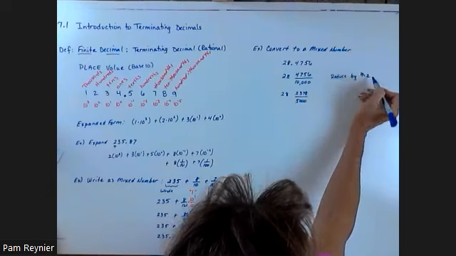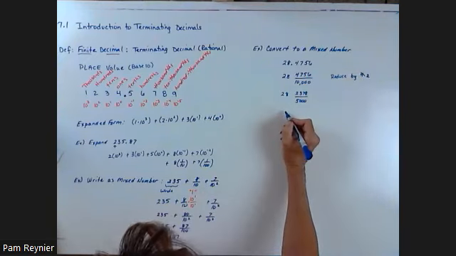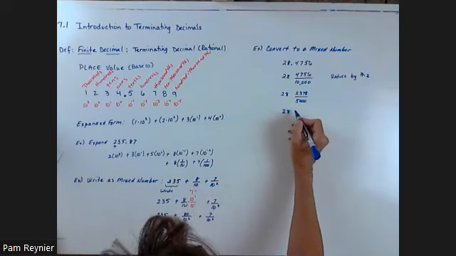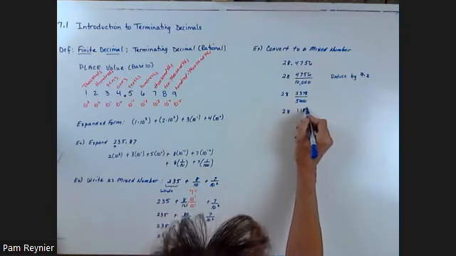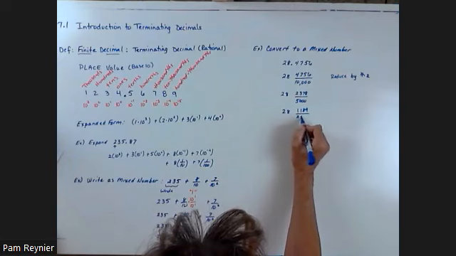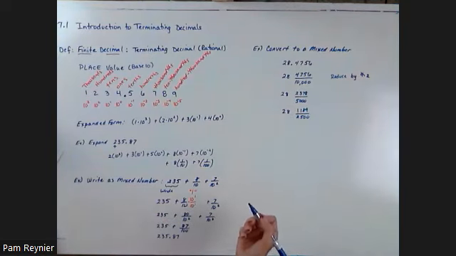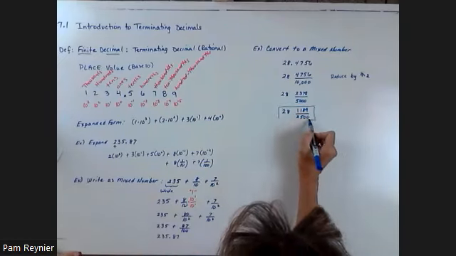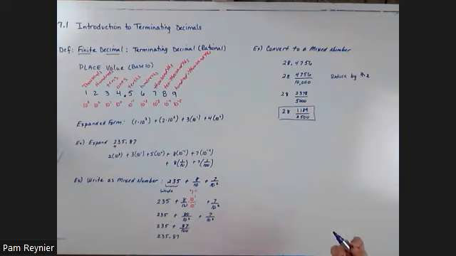So I guess we only reduced by 2 here. Now, if I reduce again by 2, I get 28 and 1,189 over 2,500. It won't reduce anymore. And so now we are finished with our converting to a mixed number.